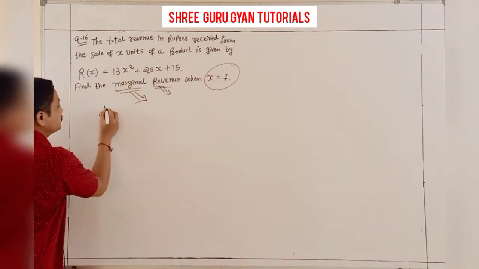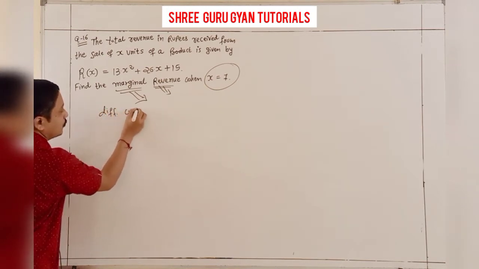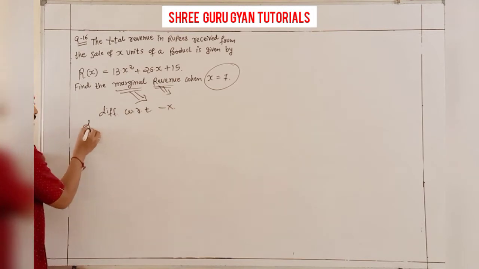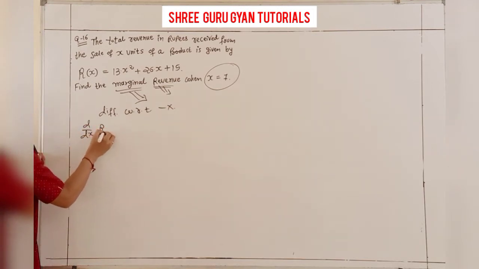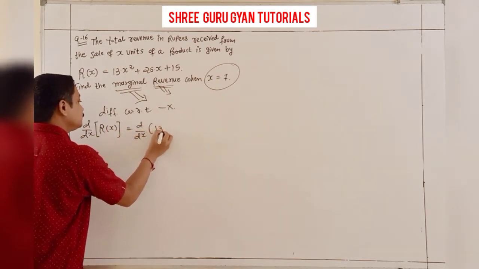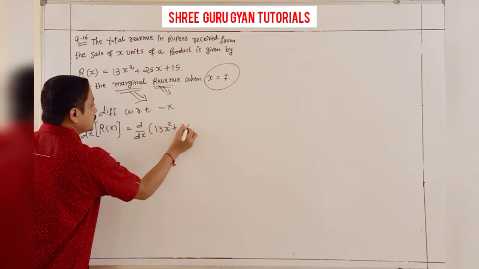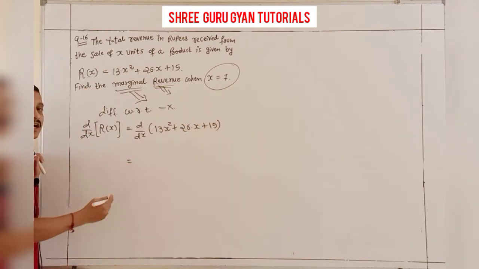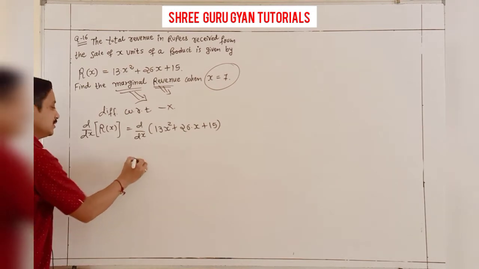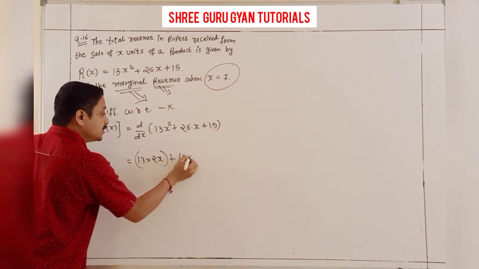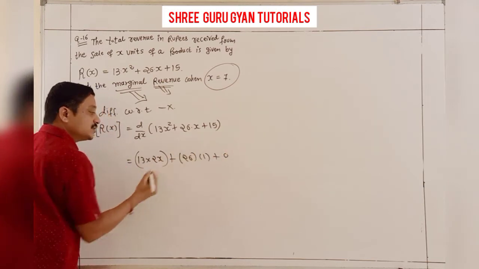So differentiation with respect to x. So d/dx of our revenue R(x). This side also d/dx of your question 13x square plus 26x plus 15, and here you just take the simple derivative. So 13 into 2x plus 26 into 1 plus 0.